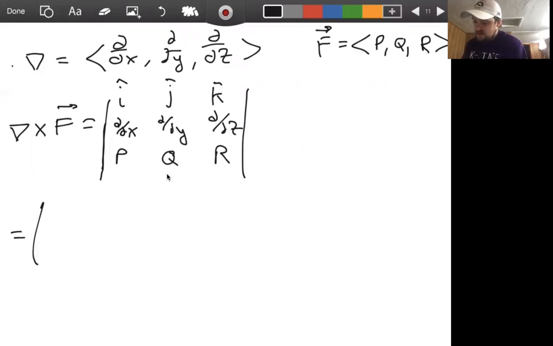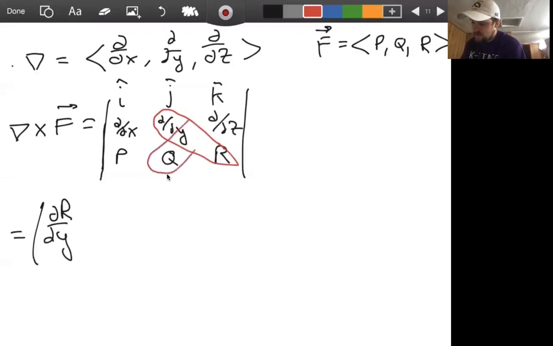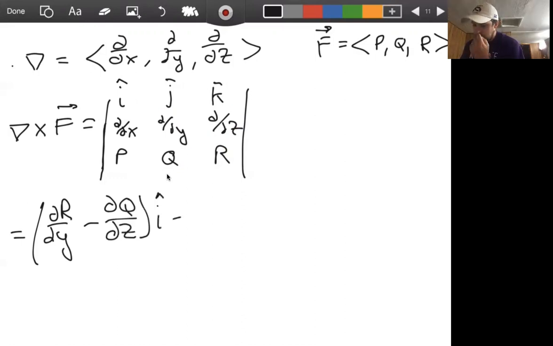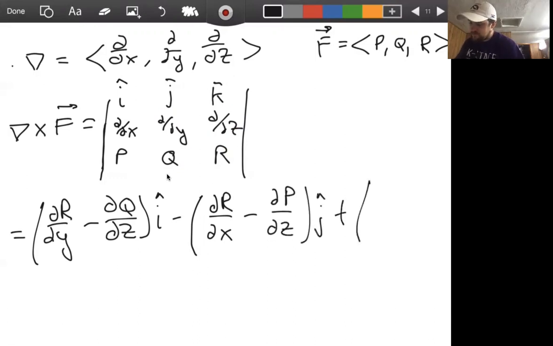So we have dR/dy, right, because that's this first piece here, and then minus dQ/dz i hat, and then minus dR/dx minus dP/dz j hat, plus, for the third one, we have dQ/dx minus dP/dy k hat.